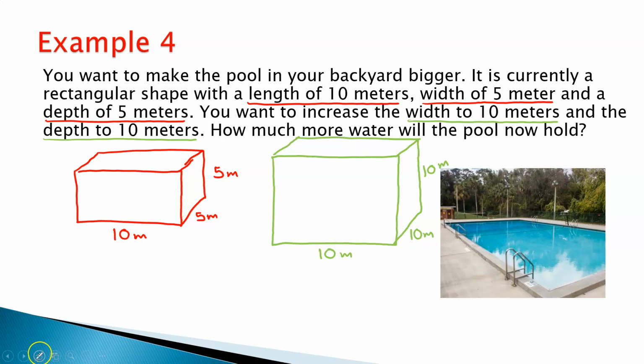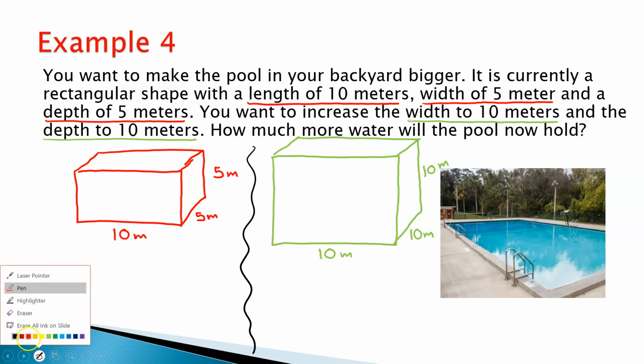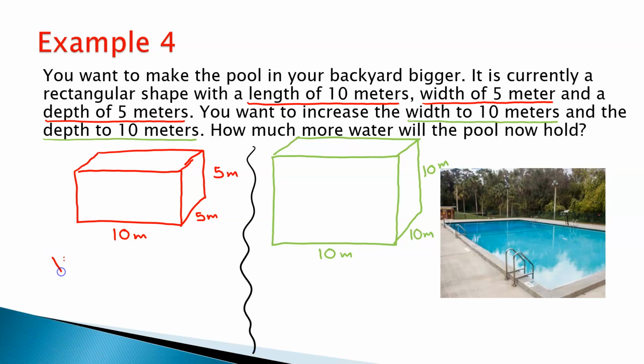Well, let's go ahead and find the volume for each one. Once we find the volume, how much water they can hold, we can figure out how much more water we need to pour into the new pool to fill it. So let's start over here with the one on the left. To find the volume of a rectangular prism, it is just your length times your width times your height.